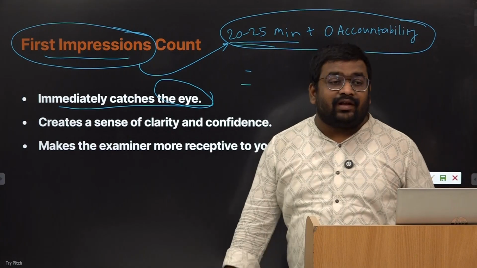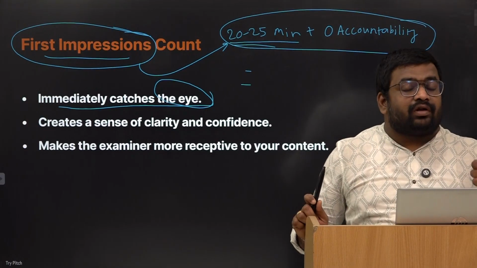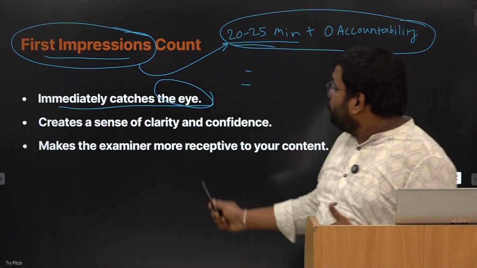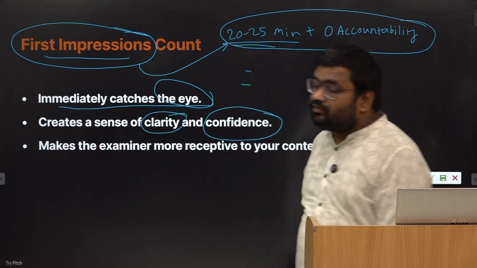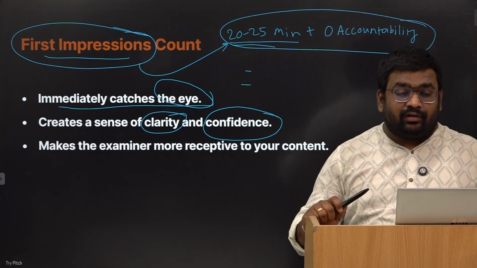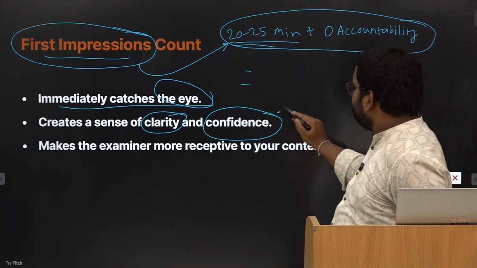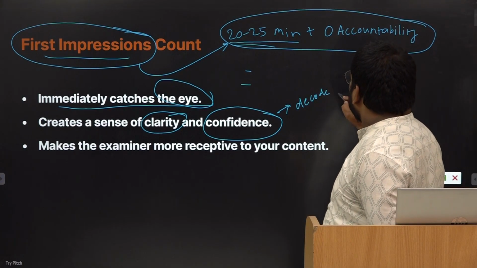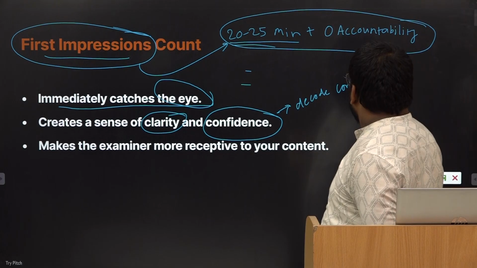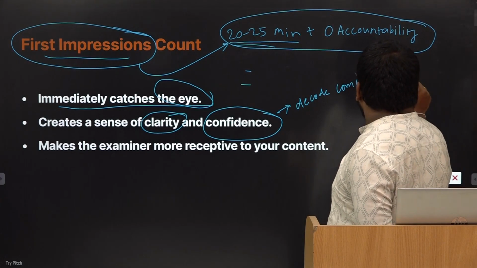Second, the presentation is also a reflection of your conceptual clarity and confidence, because in the presentation aspect, generally the graphs and charts are used to decode complex phenomena or complex concepts.